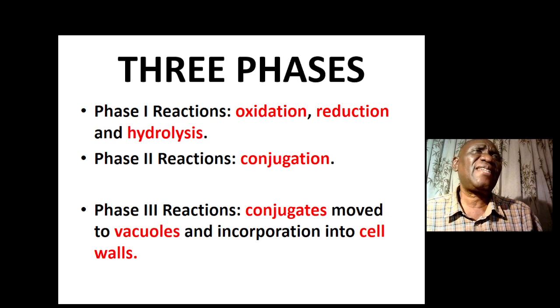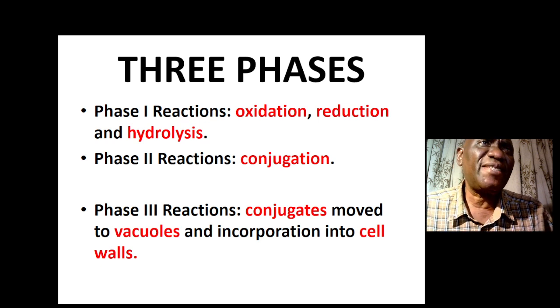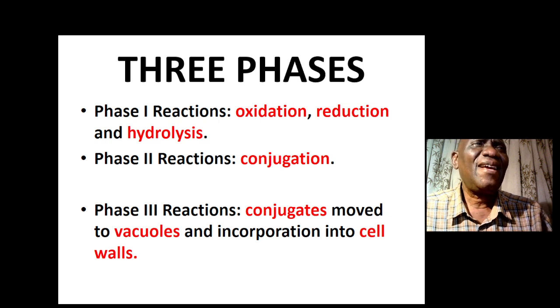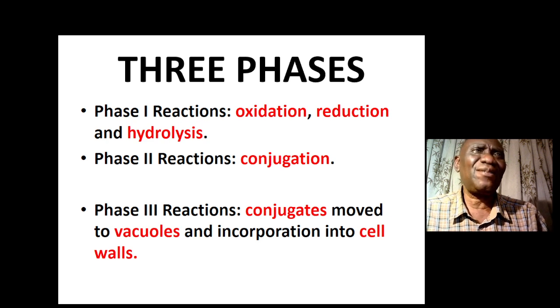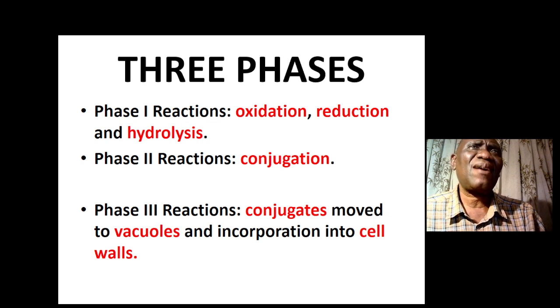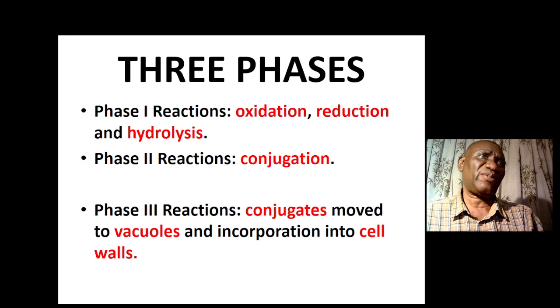Phase 2 reactions, we are going to have conjugation. Even in phase 3 reactions, this is just conjugation. But there's going to be mobilization of the conjugates into vacuoles, and some of the conjugates are going to be part of the cell walls. This is now happening in plants.